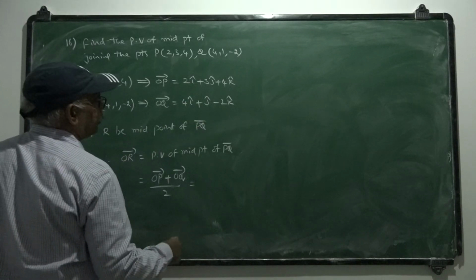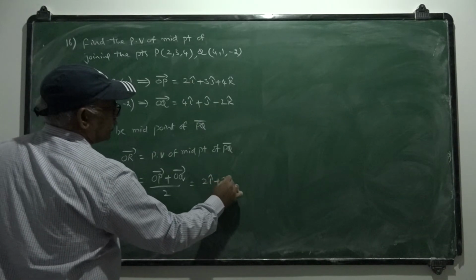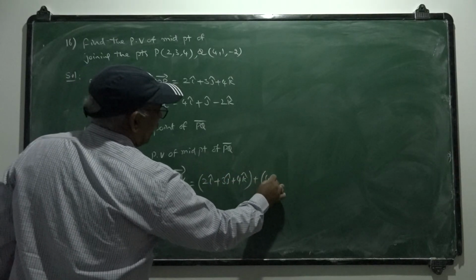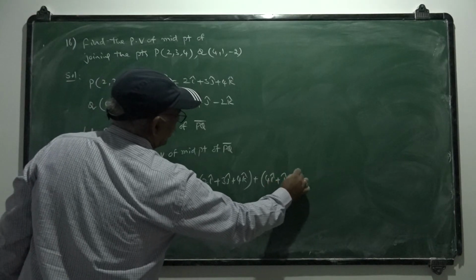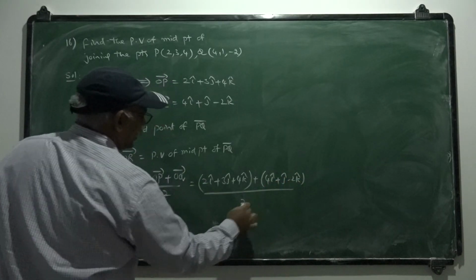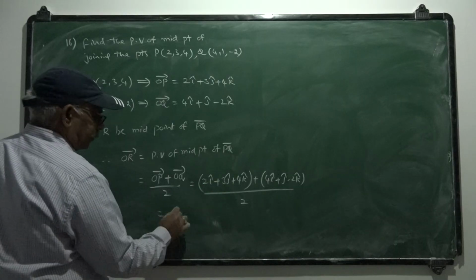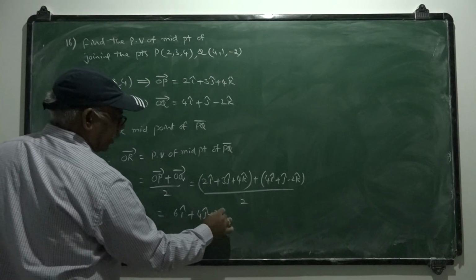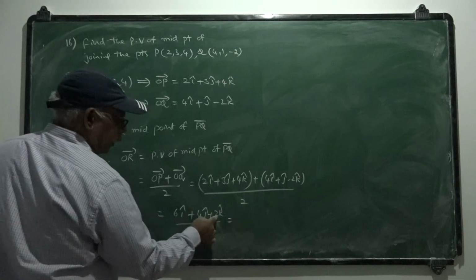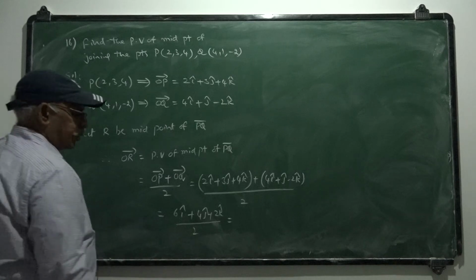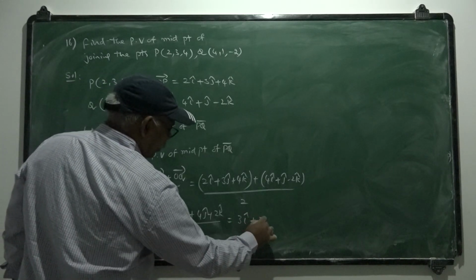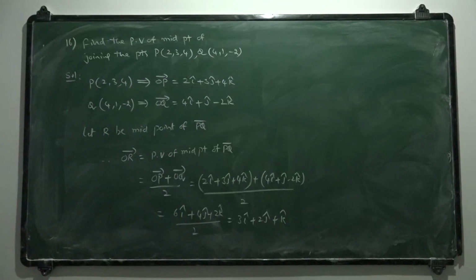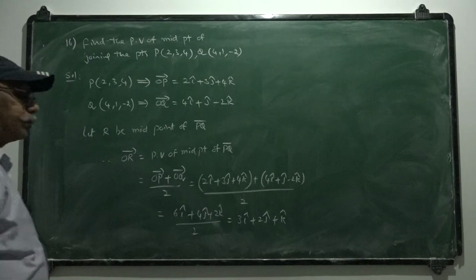The sum of these two vectors by 2: 2i plus 3j plus 4k plus 4i plus j minus 2k, by 2 itself. That is 6i plus 4j, and collecting k terms, plus 2k, by 2. Taking 2 common and cancelling 2 in the denominator, we get 3i plus 2j plus k, the required position vector of the midpoint of the line segment PQ.